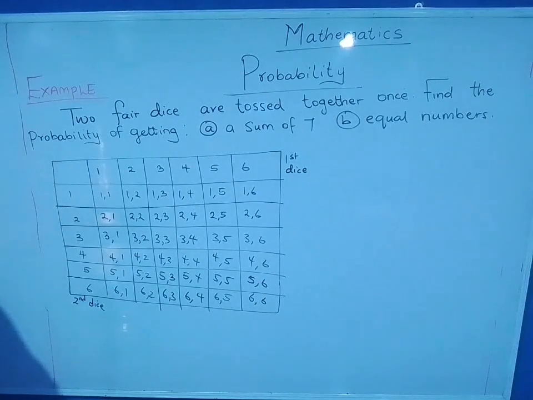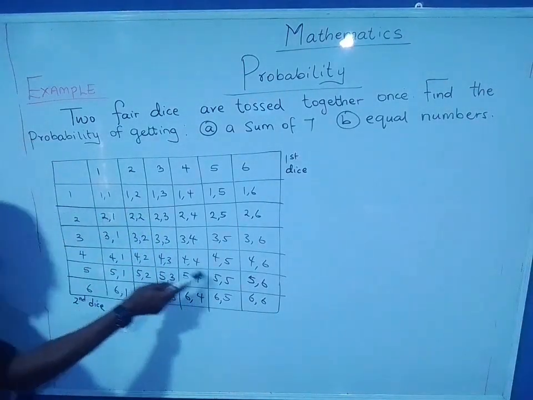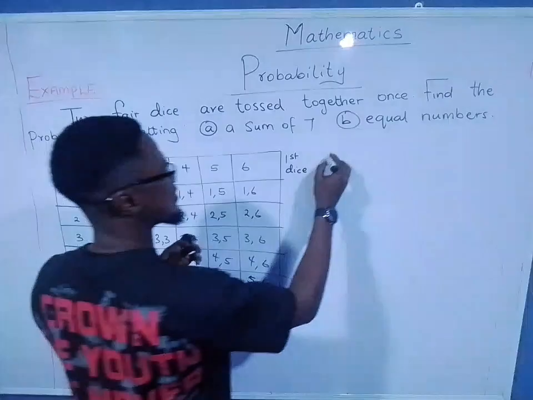Is that okay? You know something about this table. If you look at the diagonal, you have the same numbers, equal numbers. So let's look at the sample point of the question that we are asked. They said if the two of them are tossed, find the probability of getting a sum of 7.